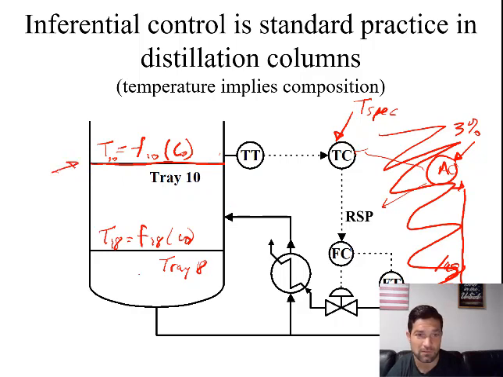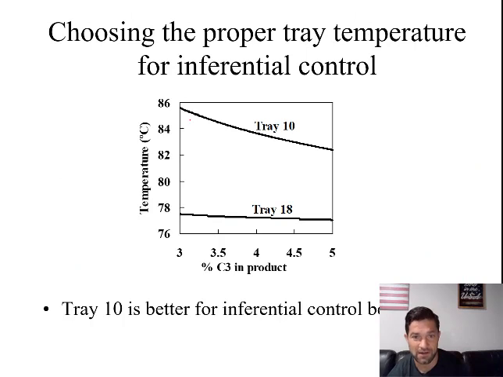We know we can measure the temperature dependence of the composition for both of these trays, or we can even do it for other trays too, and determine what would be the best temperature to use to infer the composition coming out. Okay, if we look at this slide right here, this slide shows that the temperature dependence of composition in the product on tray 18 does not vary very much with composition.